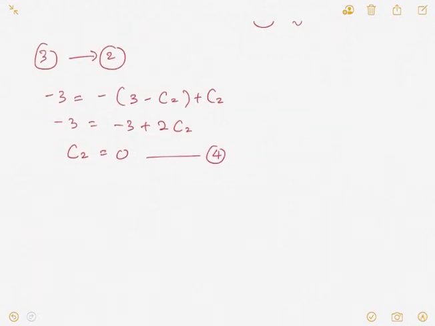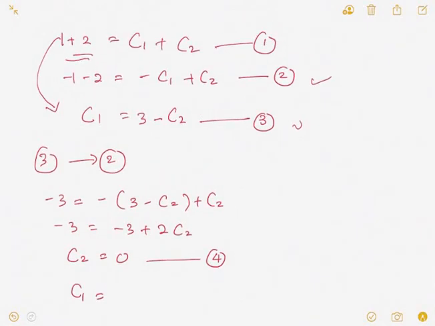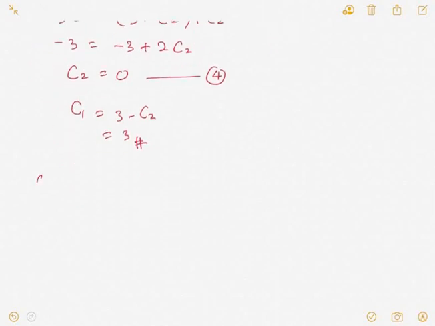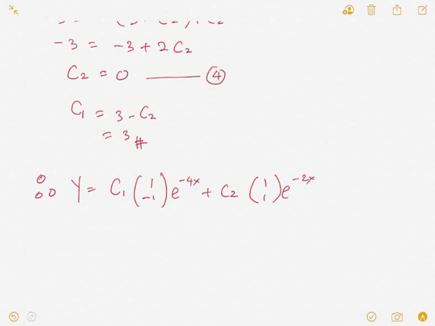So C2 is 0. So what is the C1 value? C1 is 3 minus C2, so this means it is equal to 3. Now almost towards the end, the final general solution is y equal to C1 times its vector, you know the value, right? Plus C2 times its vector. We can straight away write down the answer.